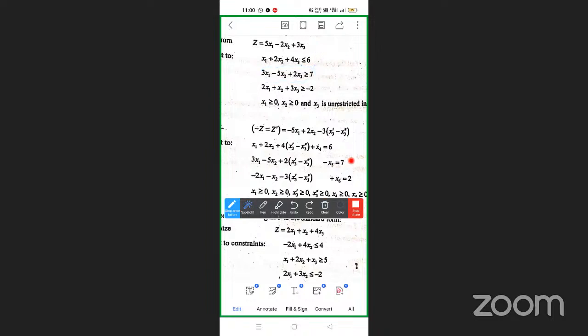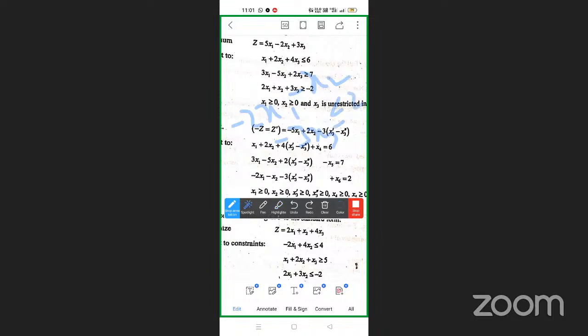Next, the third one also needs minus x6, because here greater than or equal to is there. Also, a negative is there on the RHS, minus 2. So multiply the total equation by minus on both sides: minus 2x1 minus x2 minus 3x3 is less than or equal to 12.